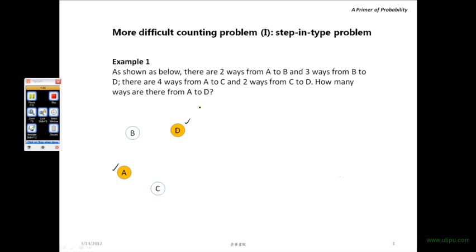It's easy for us to identify 2 types of options from A to D. Type 1 is the route ABD, which means from A to B to D. And type 2 is ACD.